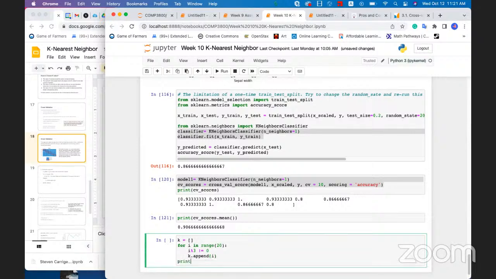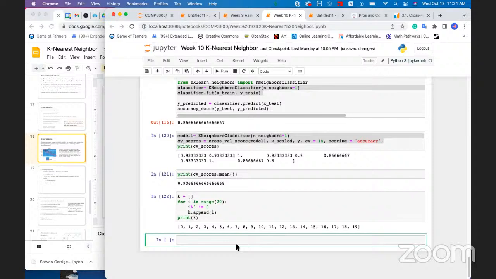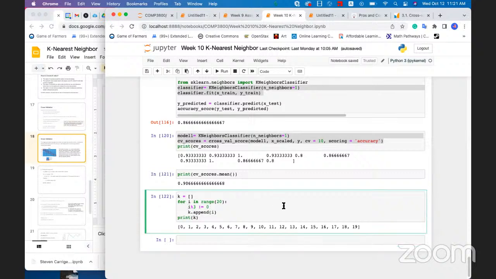Let's print out k and see what it is. It didn't skip. Oh, what's wrong here? I didn't add it yet.